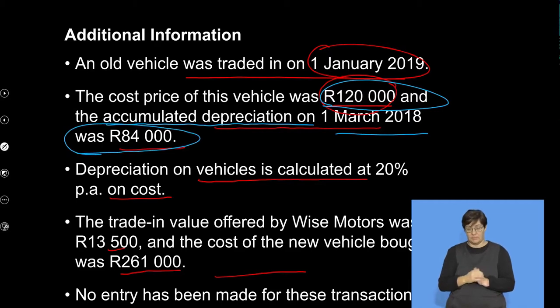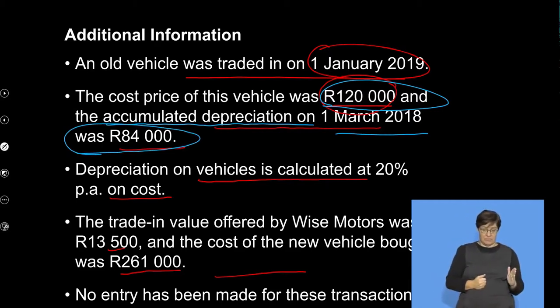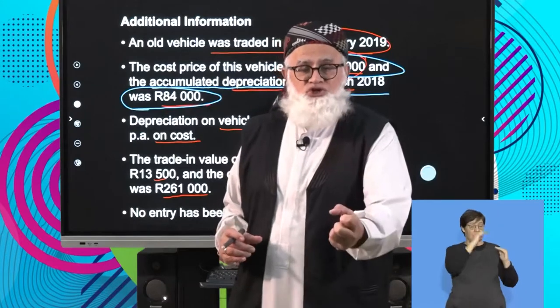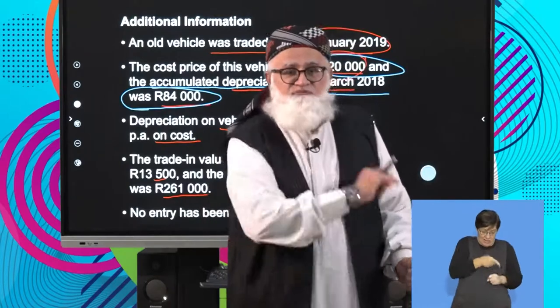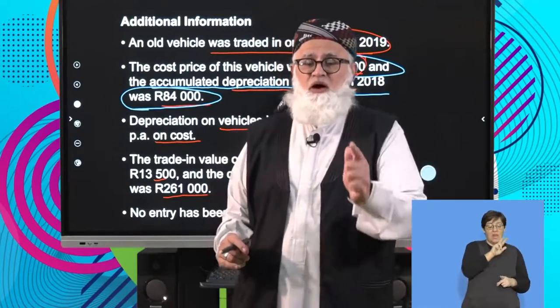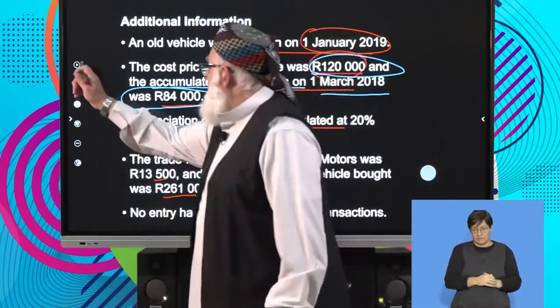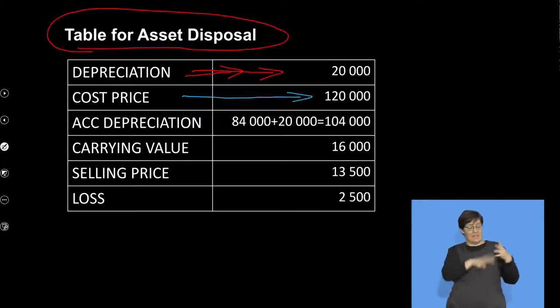Remember, that is your balance at the beginning of the year. That means the depreciation on this vehicle that I disposed of at the beginning of my financial year was 84,000 Rand. Therefore, in my table, I start off with the 84,000 Rand. Always start off with the balance at the beginning of the year.